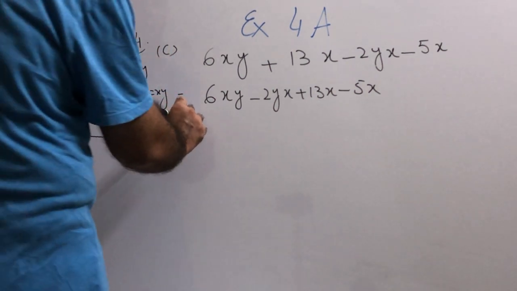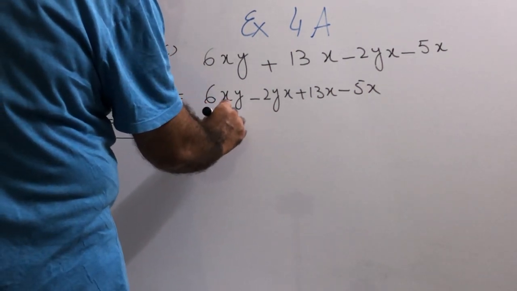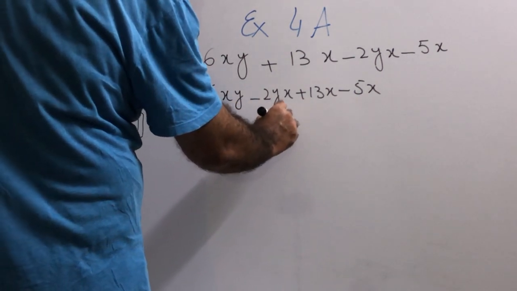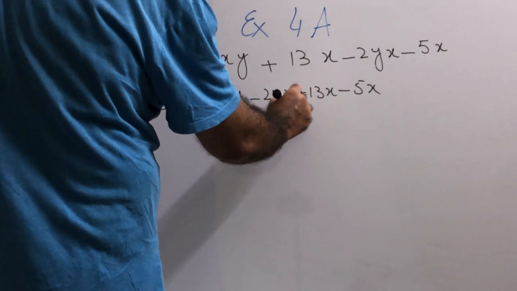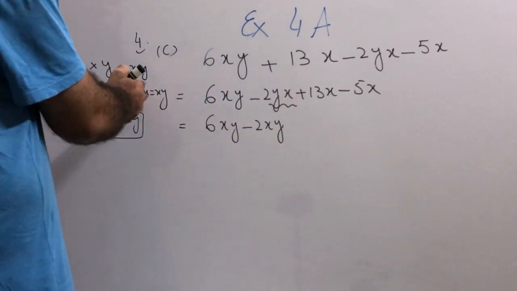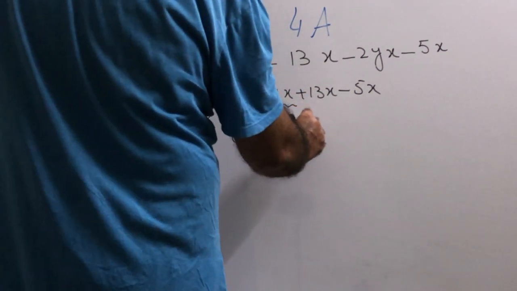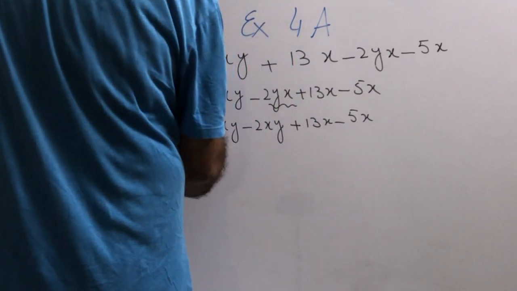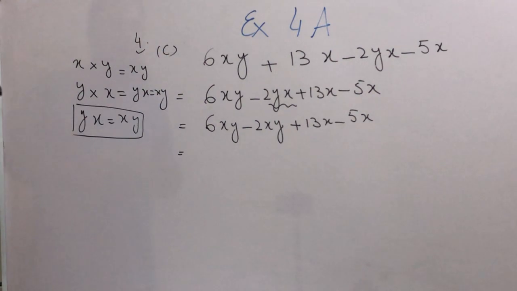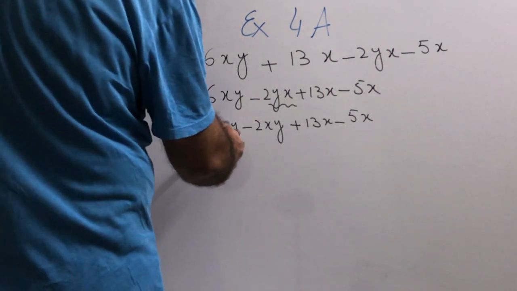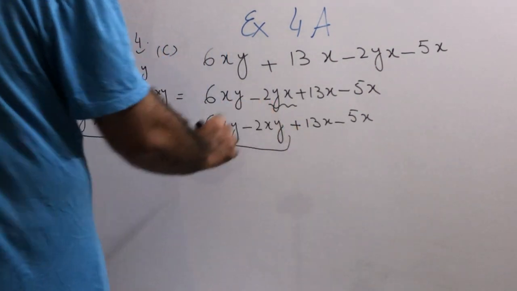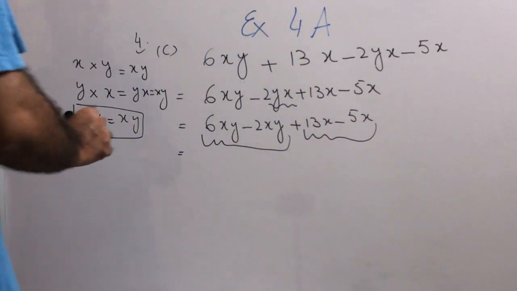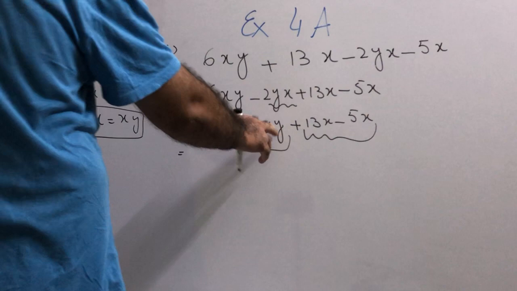Now this is 6xy minus 2xy. We made it xy because we told you these are the same, plus 13x minus 5x. Now we need to solve the terms involving xy, and separately we need to solve the terms involving x. 6xy minus 2xy.